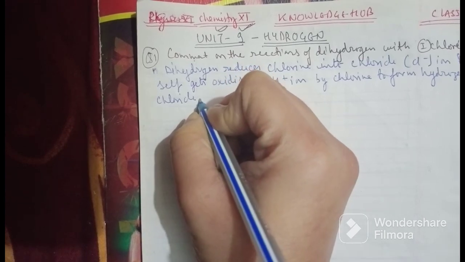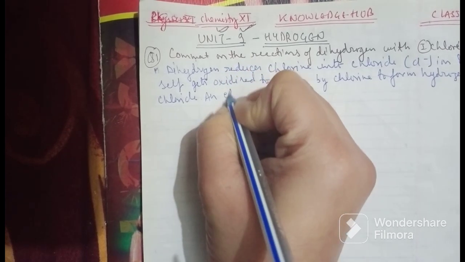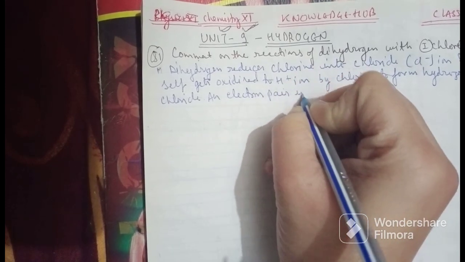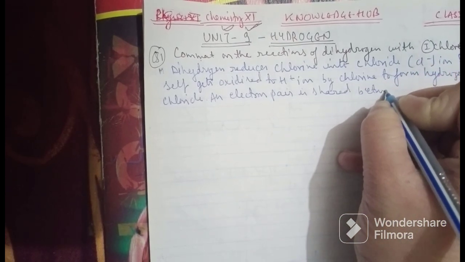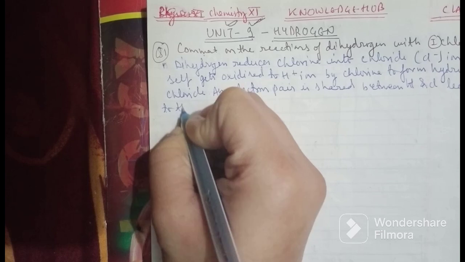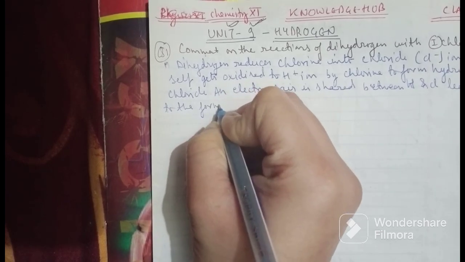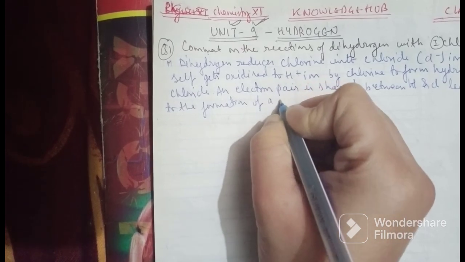An electron pair is shared between hydrogen and chlorine, leading to the formation of a covalent molecule.